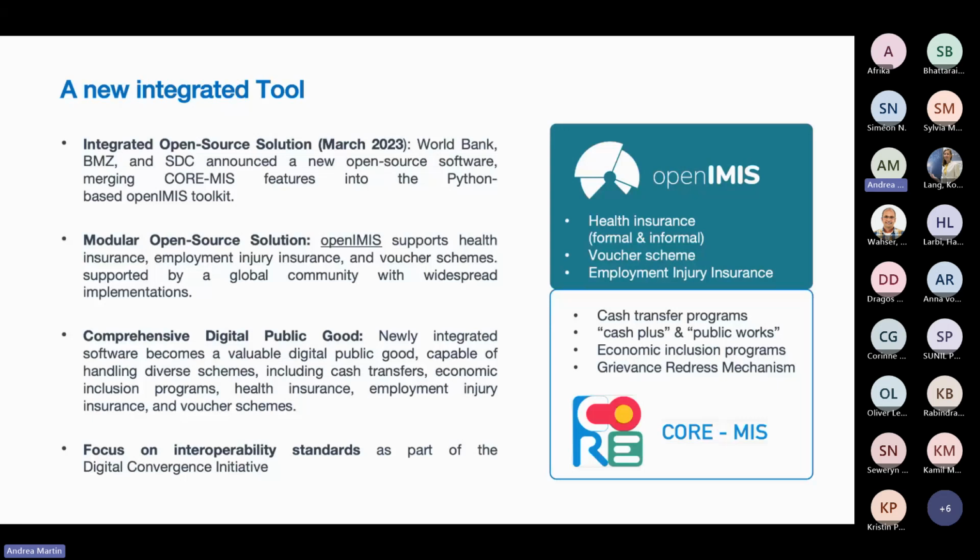So this is a modular open source solution, as you know, and the beauty of it is that it comprises both the health part, health insurance, which is in a way the strength of openIMIS, with the cash and other types of economic inclusion programs, which have been the strength of the CoreMIS platform.